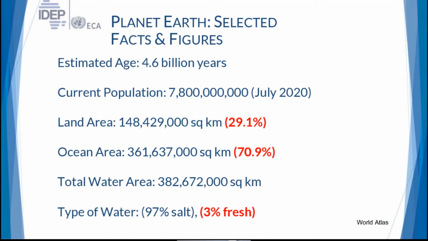Let me show you some facts about land. How old is land? Land is more than 4 billion years. So it's very old. The planet is very old.